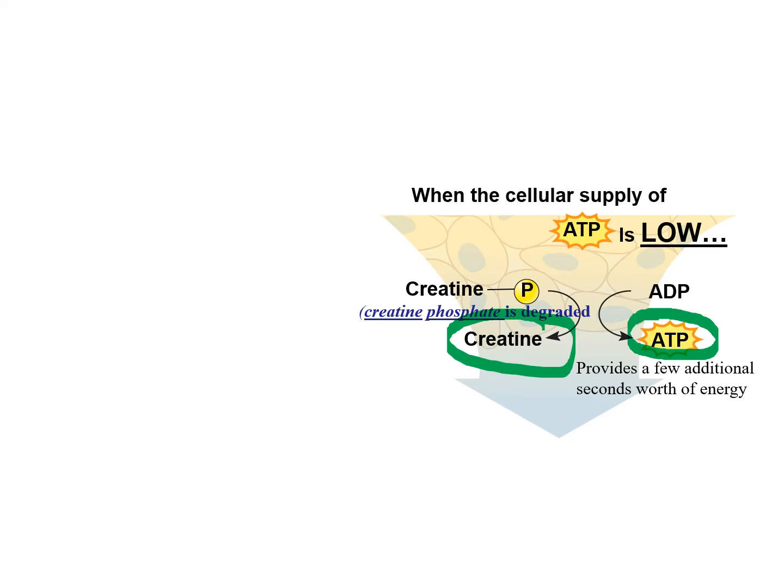Okay, so this is usually what's generated initially during strenuous muscle contraction when you're running a race or playing tennis or what have you. It gives you, however, just a couple seconds of energy in the form of ATP. You tap into that creatine phosphate to phosphorylate the ADP into ATP, and then you utilize that ATP.